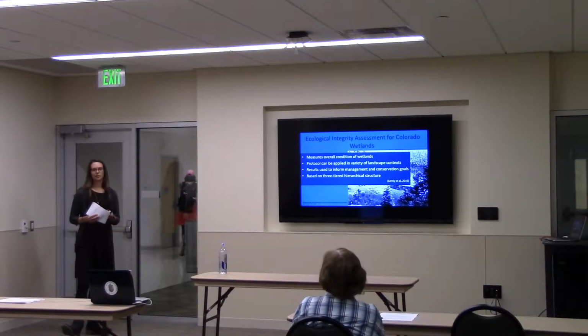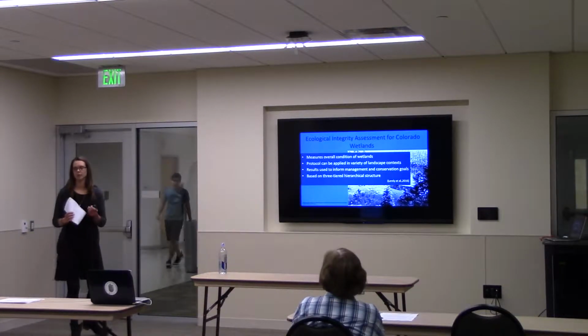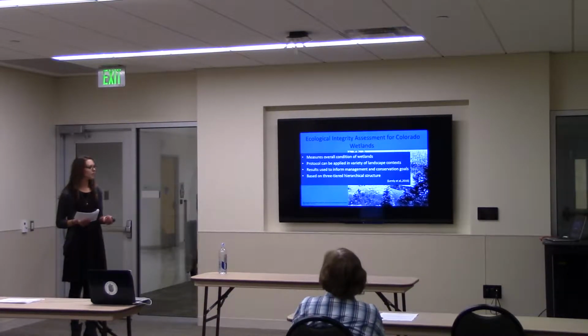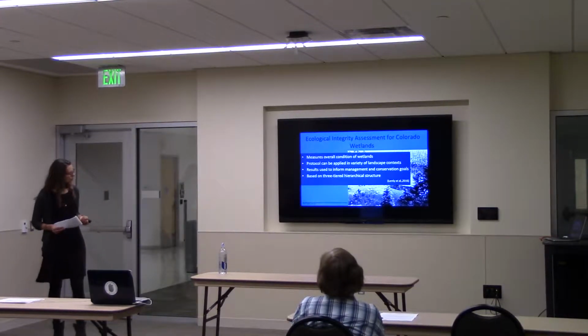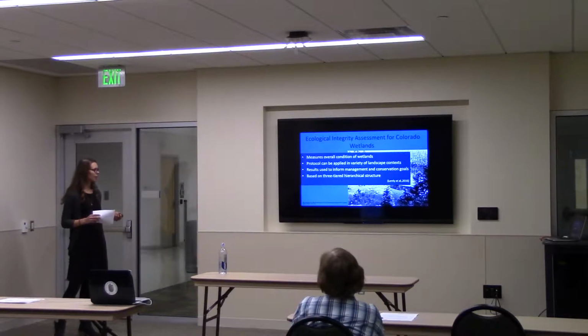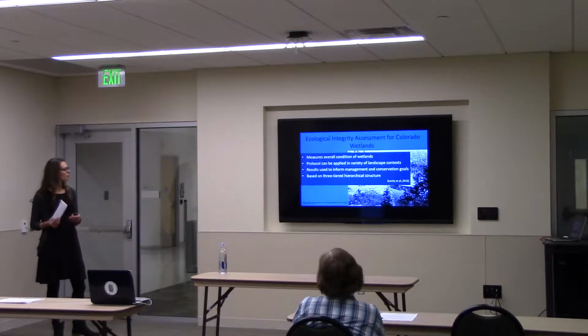This protocol has typically been used in the past to assess broad-scale river basin condition, but it can be applied in a variety of landscape contexts, and the creators of this protocol encourage that as well. They aim to analyze results in order to be used in a very on-the-ground sort of management, informing management and conservation goals, so really being able to utilize the results on the ground.